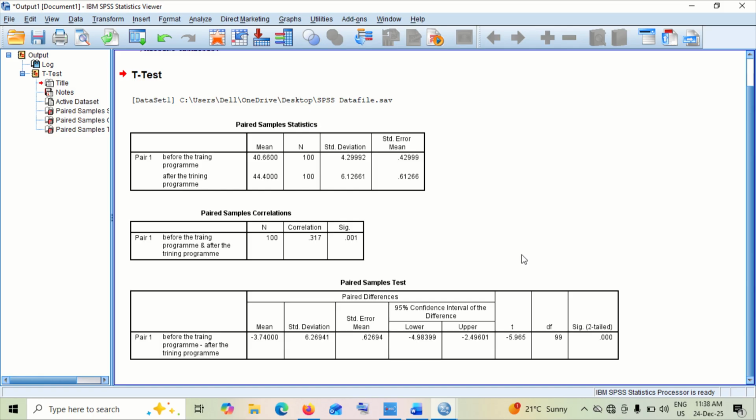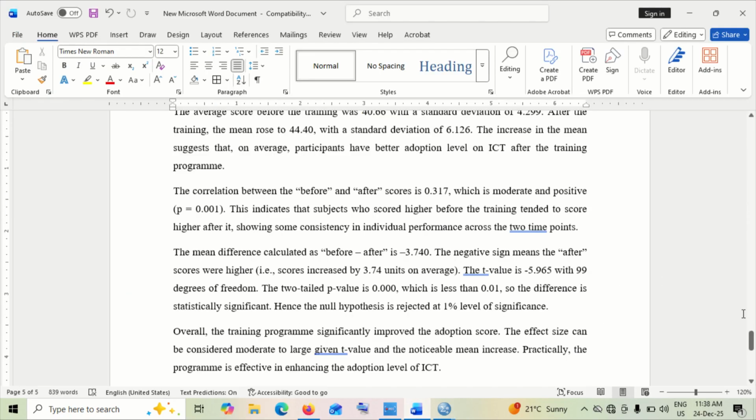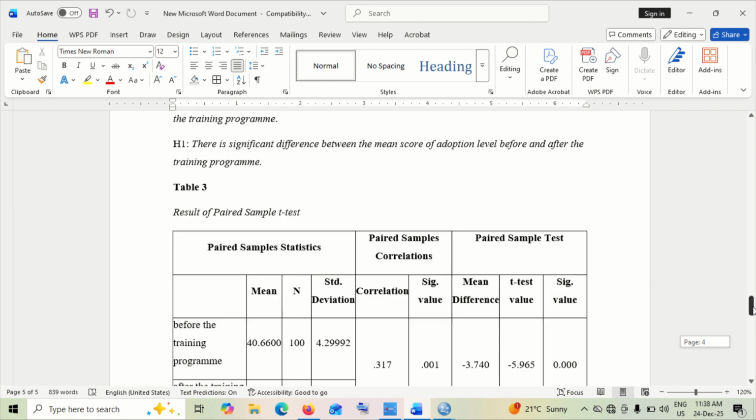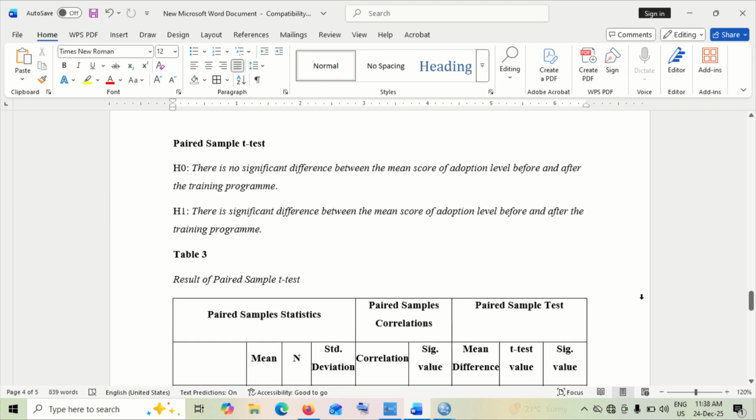Then let us look at how we interpret the result in our research or project work. This is the result which we can show in our research or project work. Paired sample t-test is the heading.